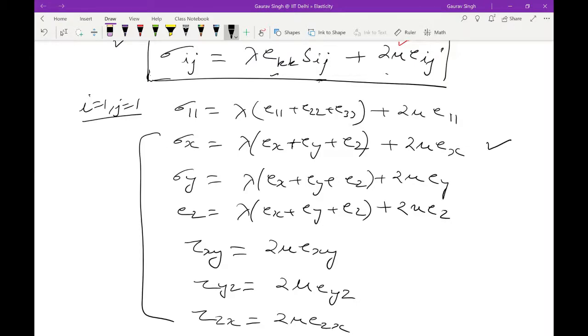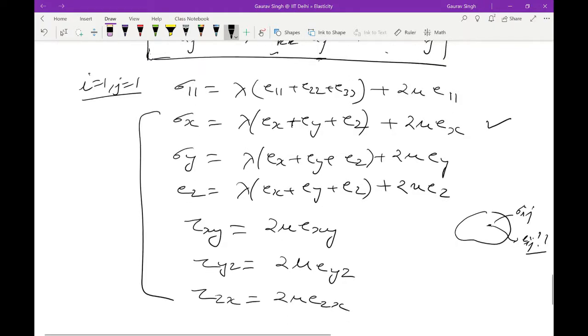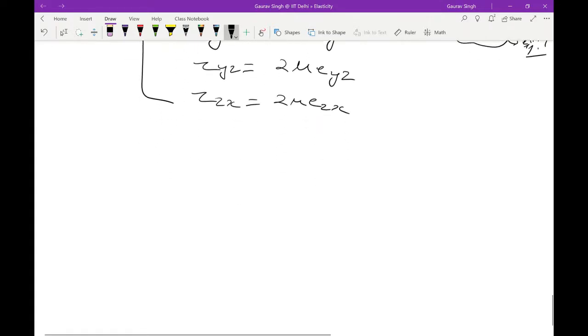If you have the reverse given, in the sense you have the stress components given at any point, how would you find the strain? So you have to find strain in terms of stress. Let's do that once and see.